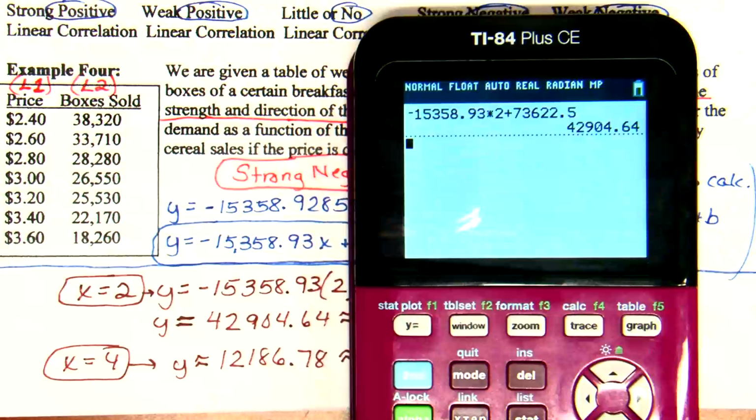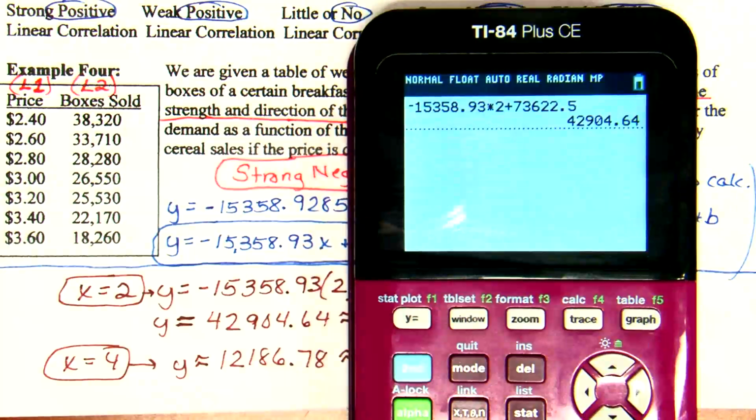That's the equation the calculator gave me. When I graph, what should this line be doing? Running right through those dots, because it's a trend line, and it's based on the data from those dots.